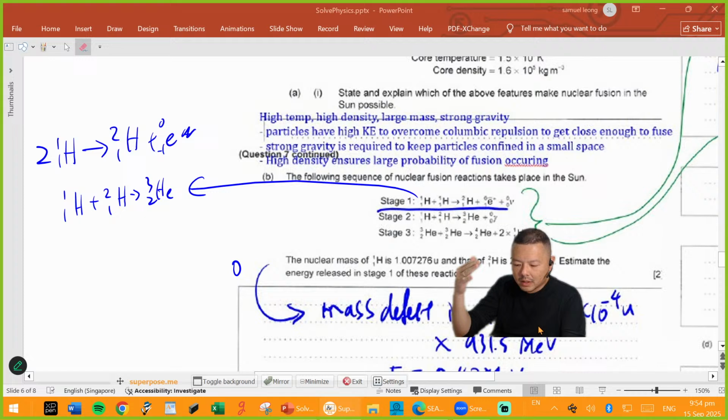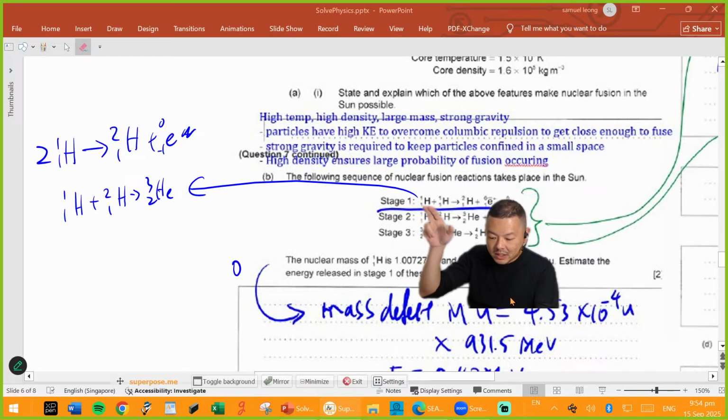The question is, this is a proton, right? One hydrogen is a proton. And 2 1 hydrogen is a deuterium. It's still hydrogen, but this one has one more neutron. Let me explain this in a way.